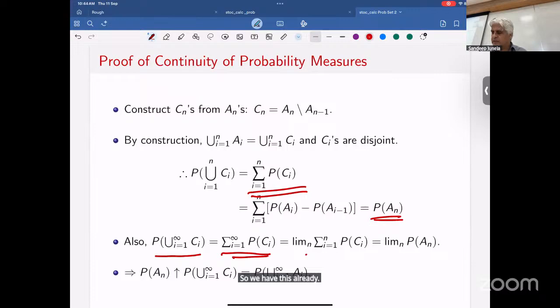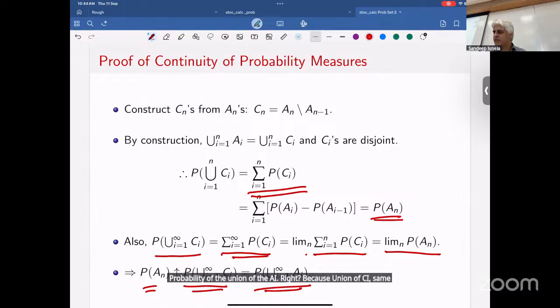And this is the limit of these finite sums. So this is exactly the limit of P of A_n. So P of A_n is converging to this limit, which is exactly equal to the probability of the union of the A_i, right? Because the union of C_i is the same as the union of A_i. Every point here is there, every point there is here.